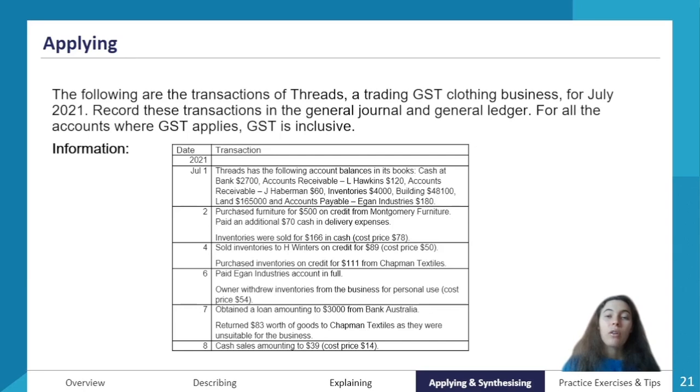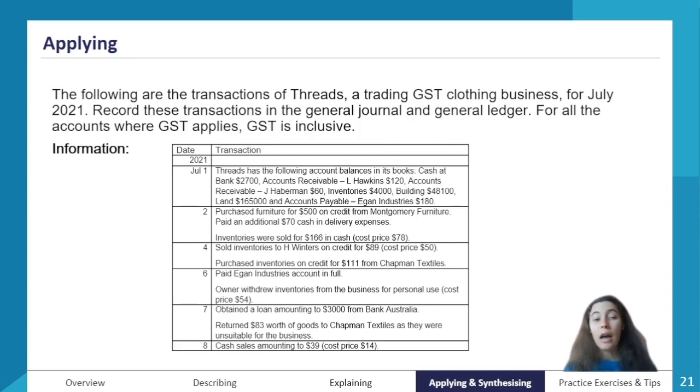So we're going to have a look at a bit of an example here, and then we'll see how those different types of transactions were done in the general journal. So we've got this business called Threads, and it's a clothing business. So for July 2021, we've got a bunch of different transactions that occurred, and we need to post them to the general journal and the general ledger.